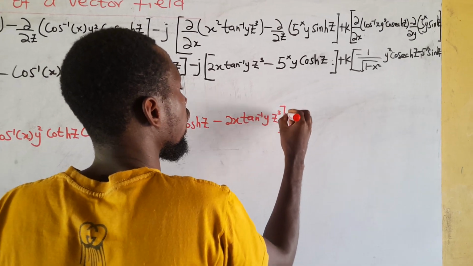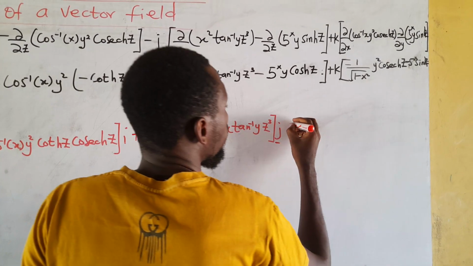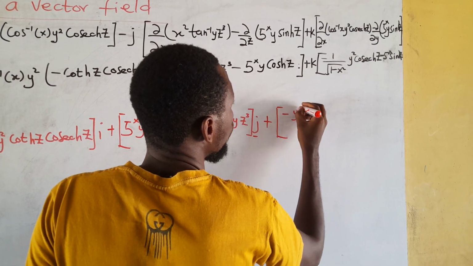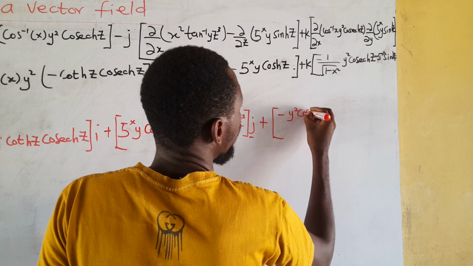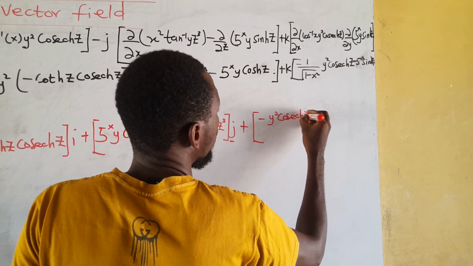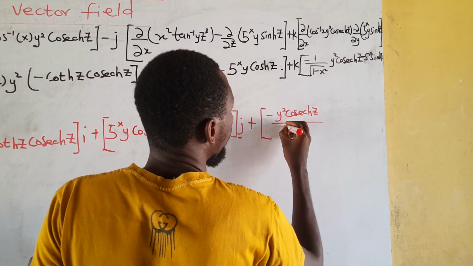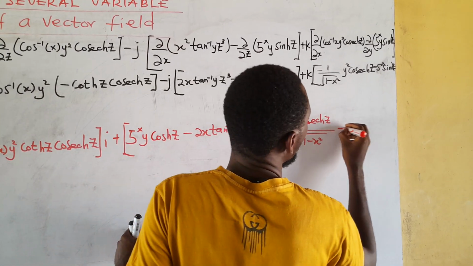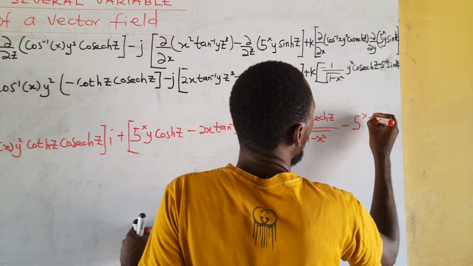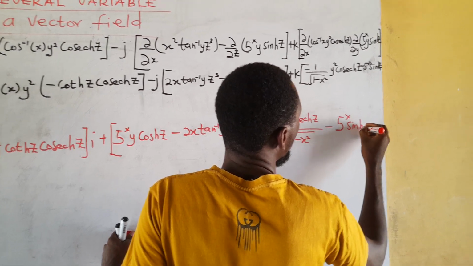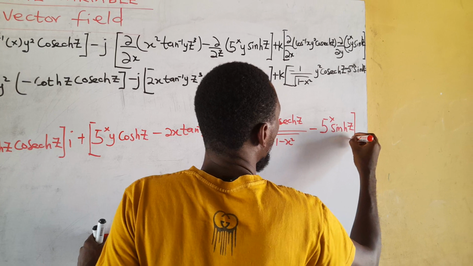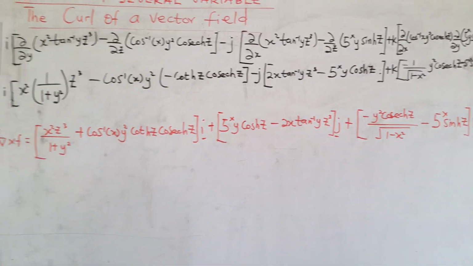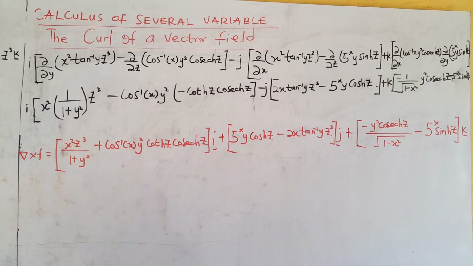And all this in the j direction. Then plus negative y squared cosec z all over the square root of 1 minus x squared, then minus e to the power xy sinh z, and all this in the k direction. I hope you get that. So this becomes the curl of the vector field.